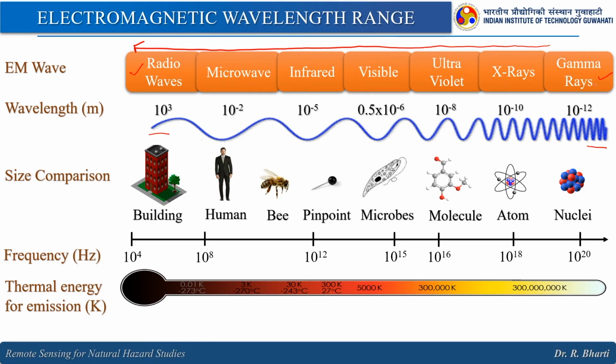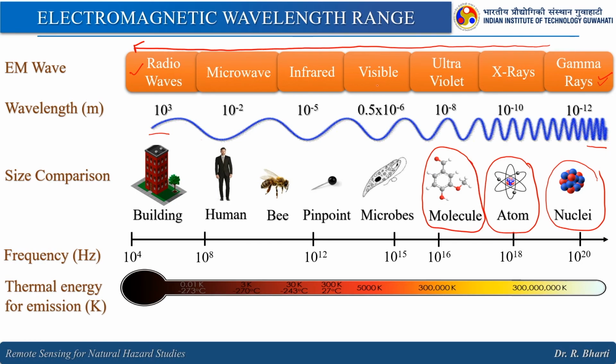So that's why the gamma rays can give you the information related to nuclei, whereas the X-ray, which has comparatively lesser energy, will give you the information related to atom. Then again we are moving further to ultraviolet, and here this is related to the molecular level.